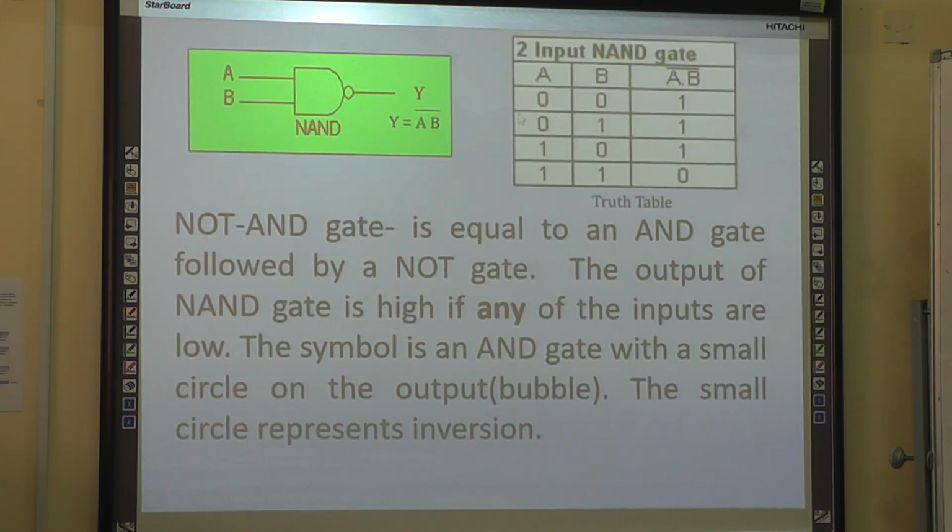So 0, 0 in the AND gate should be 0, but invert the answer, it becomes 1. 0 and 1 in the AND gate is 0, but invert the answer, it is 1. 1 and 0 in the AND gate is 0, invert the answer, it is 1. But 1, 1 should be 1 in the AND gate, but invert the output, it becomes 0.